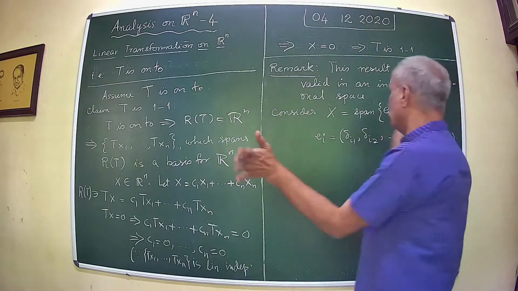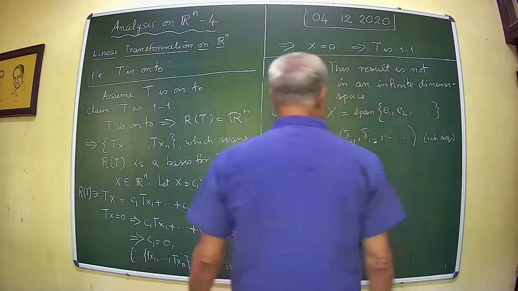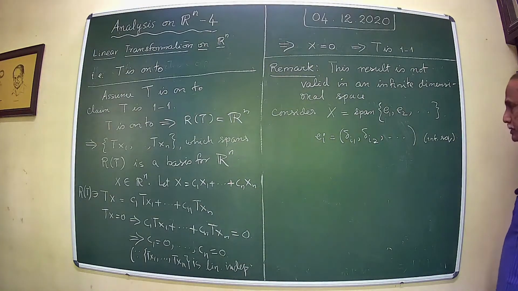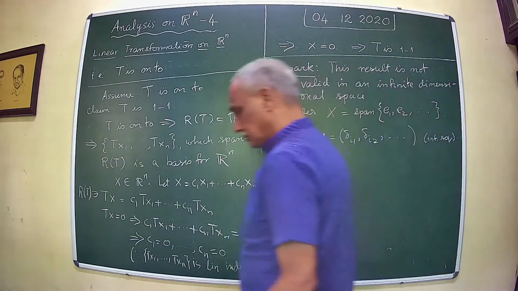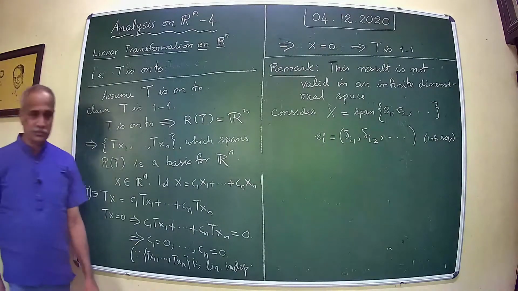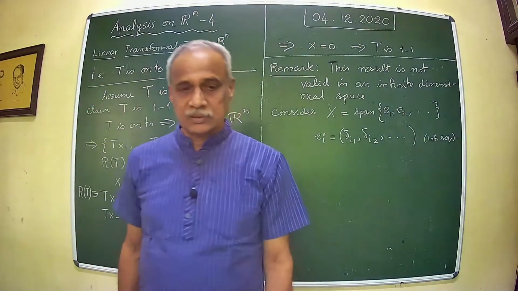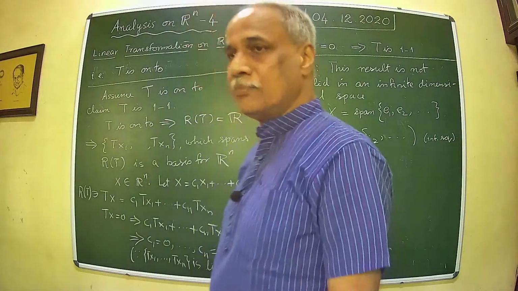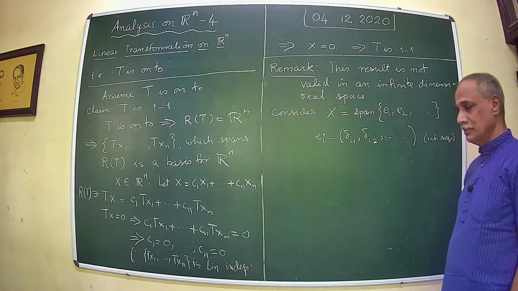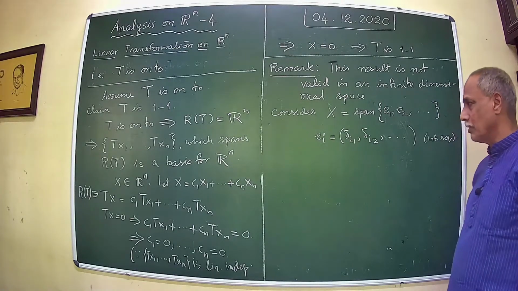This is a standard basis for what you call a sequence of real numbers, with the property that it is 0 from some stage onwards.